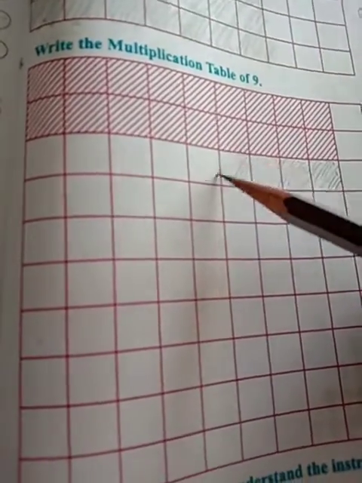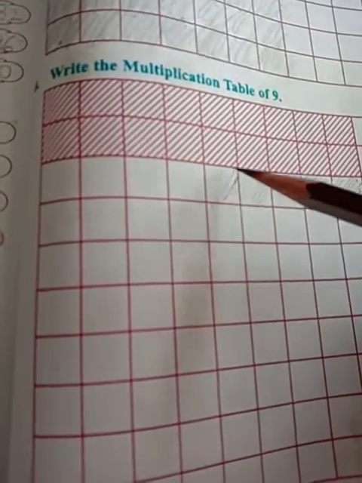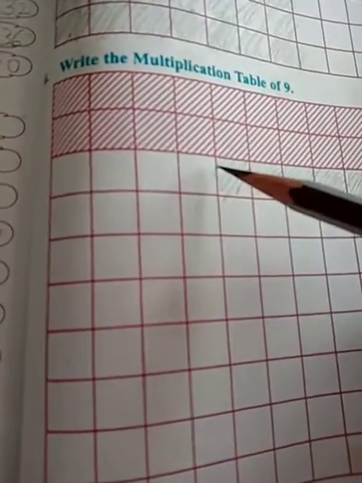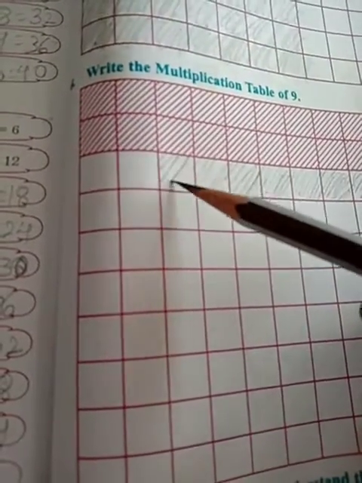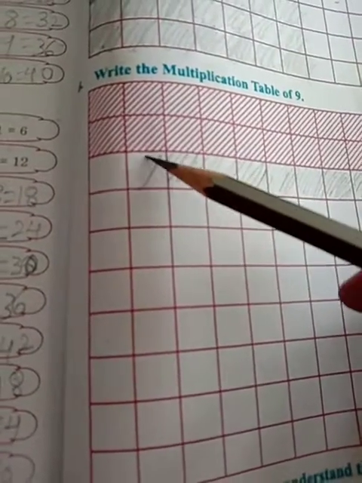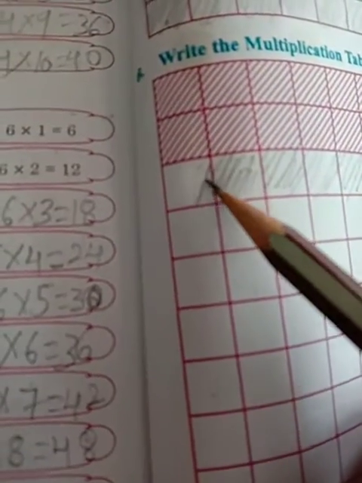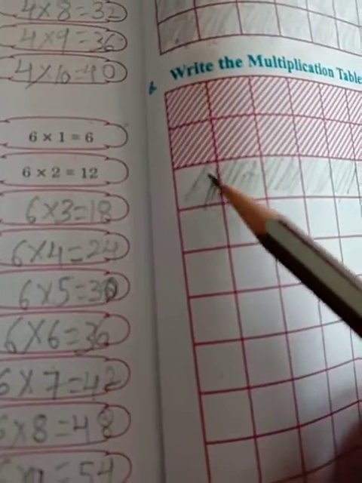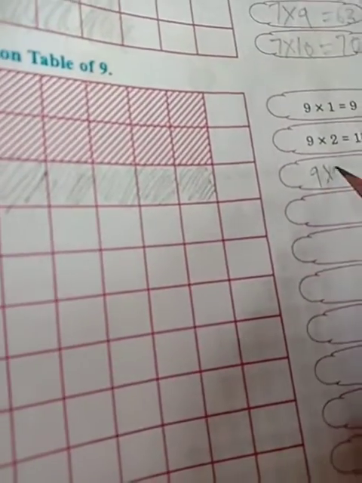Now 4 boxes, 5 boxes, 6 boxes, 7, 8, 9. So 9 boxes. So 9 ones are 9, 9 3 times. 9 3s are how many? Till here 18 will be completed.